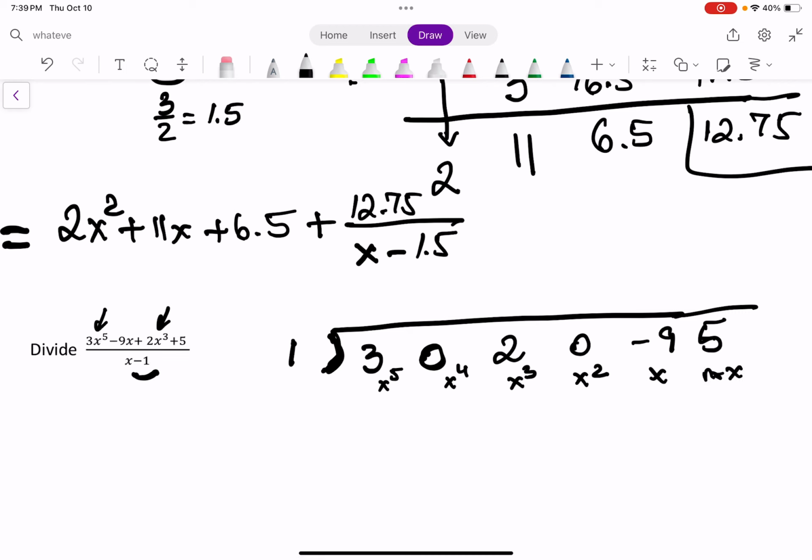So if you're actually missing the +5, the no x, you would have to fill it in also with a 0. Okay, it has to have all powers up to the no power or the 0 power.